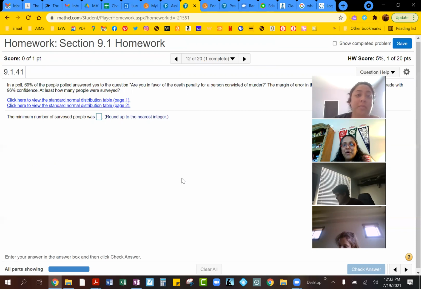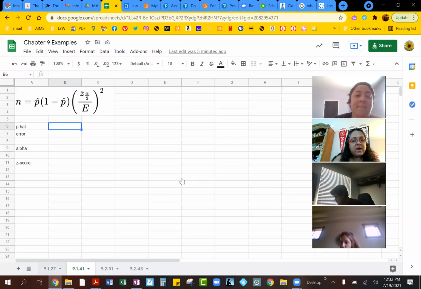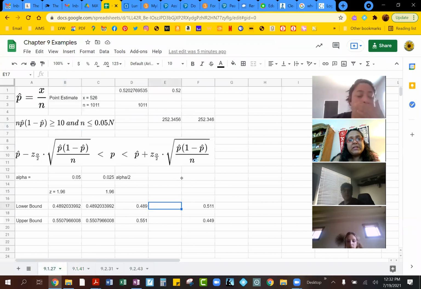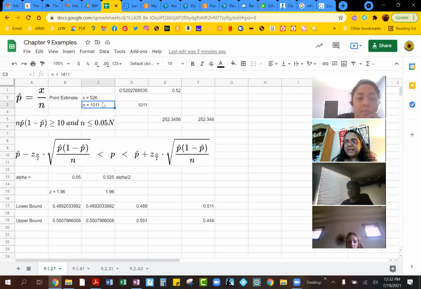Yeah, because that's what we don't know, right? We don't know how many people were surveyed. But if you go back to the example we just got done talking about, remember how we calculated that point estimate by taking the X value divided by the n value? So we knew 526 said TV is a luxury they can do without, and 1011 were the total people surveyed. So what they're actually giving you is that p hat value, which is 69% in our case.